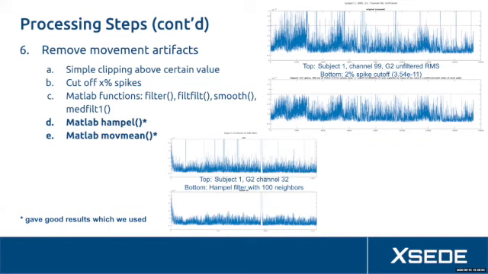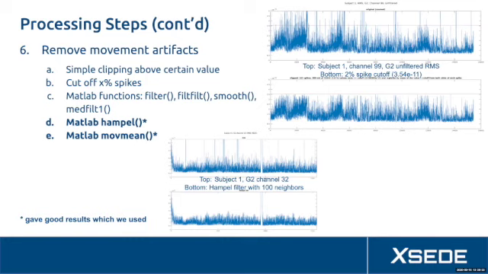We also tried various MATLAB functions, including filter, both forward and backward, and shifting, and also the filtfilt function, which is a zero-phase filter. But the 2 that produced the result that David felt more comfortable with were the Hampel and the movmean filters.